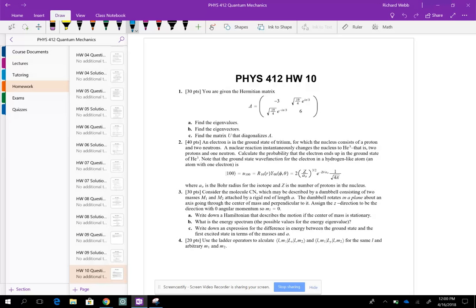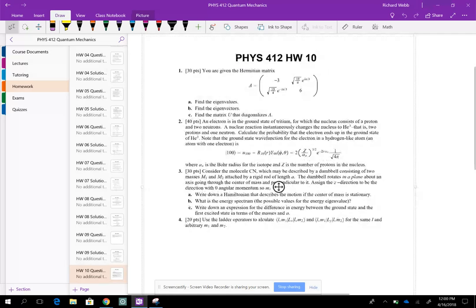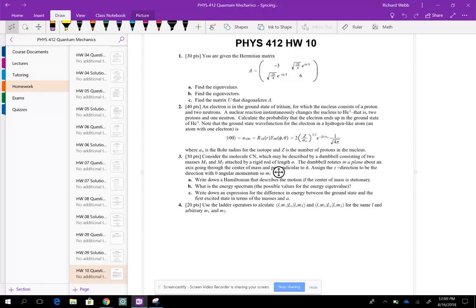I say this off the top of my head because I have to look at it to be sure. So just test to make sure that your matrix does indeed work for diagonalizing it.